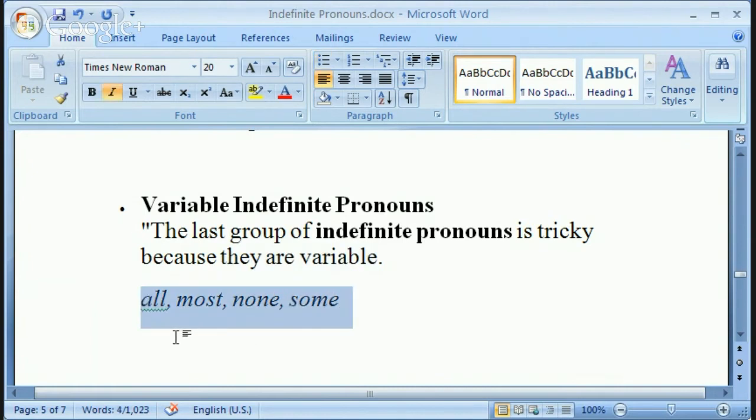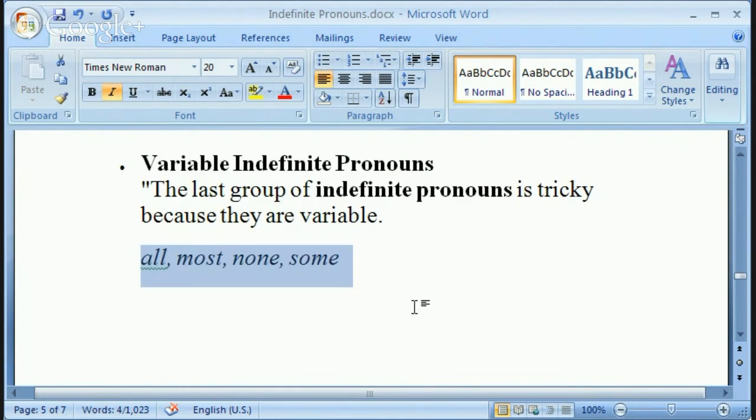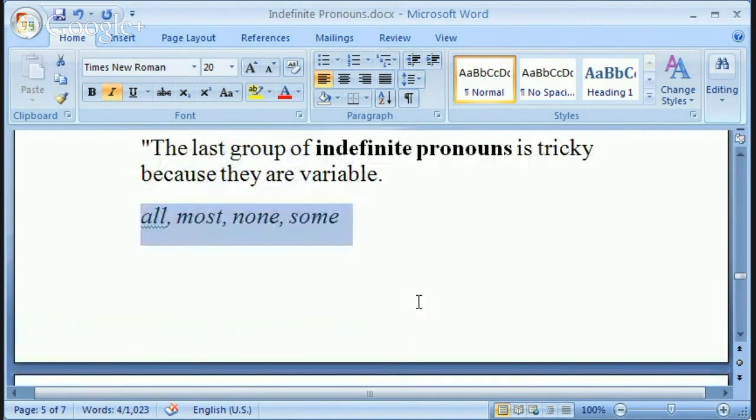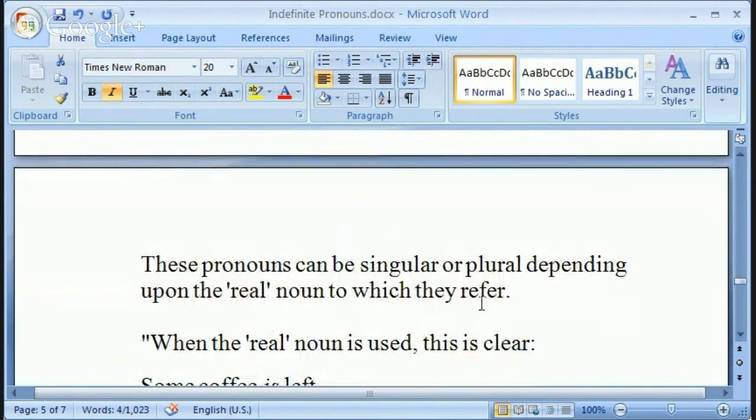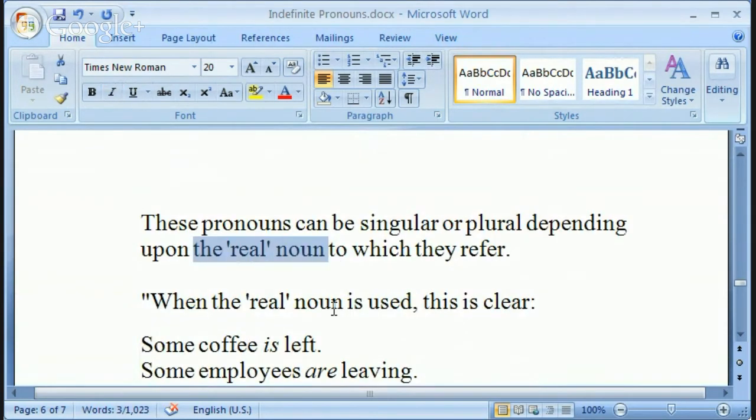For these words, all, most, none, some, we have a problem because they can be singular or they can be plural, depending on the real noun to which they refer, which will be presented after, usually. When the real noun is used, this is clear.